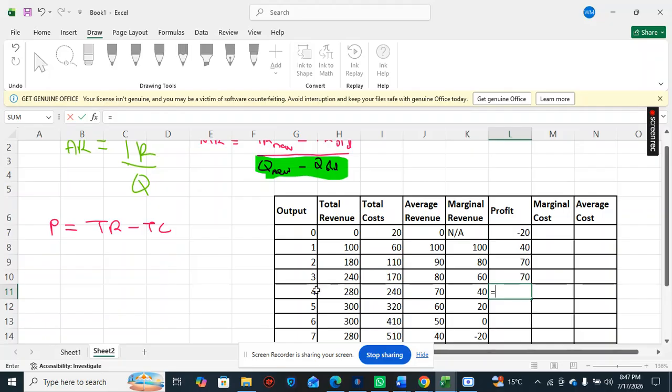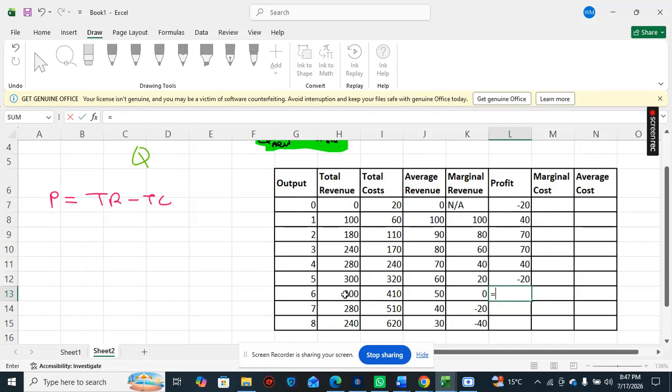When we produce 4 units, total revenue 280 minus total cost 240 becomes 40. When we produce 5 units, total revenue 300, total cost 320, we are making a loss of 20 kwacha.